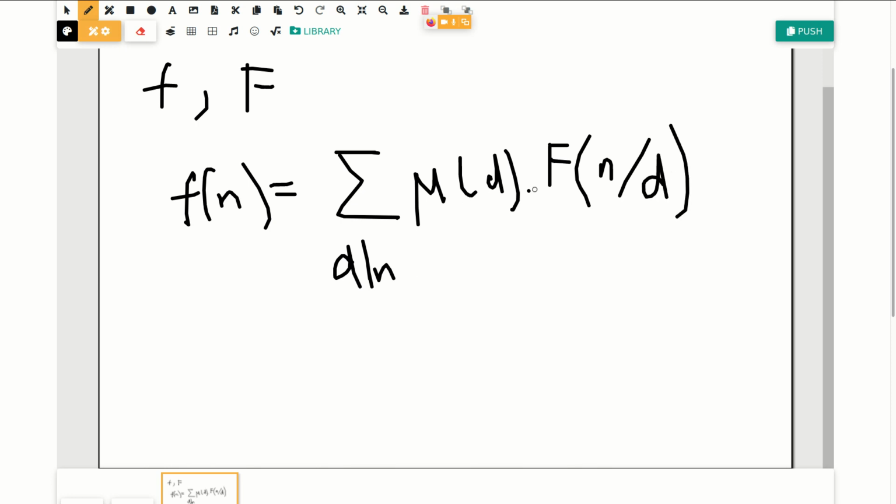So if you have the sum-of-divisors function of a multiplicative function, you can restore the original function using the Mobius inversion formula.